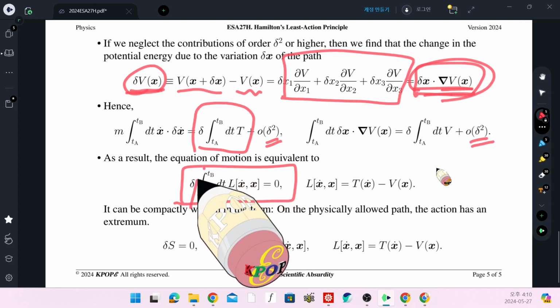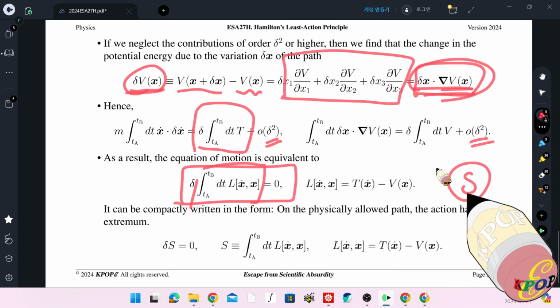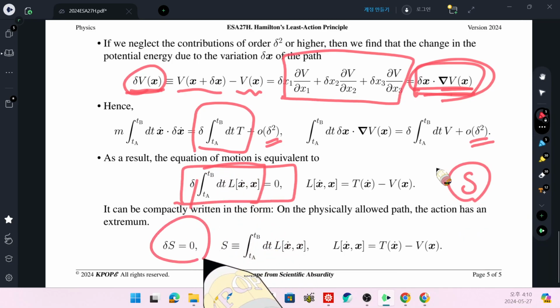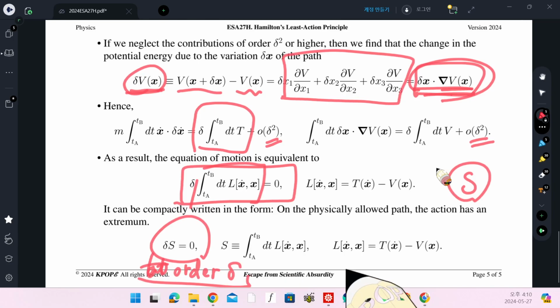That is, what's that? This is the action. The variation of the action is 0 at order delta. And at order delta squared, nobody knows, because we have found a counterexample that action is not always minimized as long as a non-vanishing force is applied, because we have a single counterexample called the harmonic oscillator.